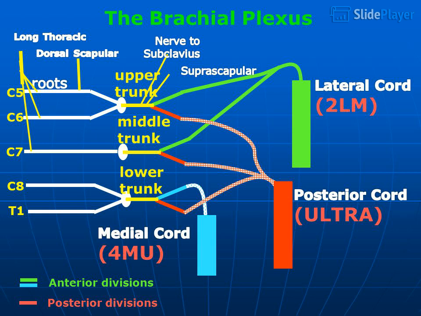C5. C6. Middle trunk. Posterior cord. Ultra. C7. Lower trunk. C8. Medial cord. Form U. T1. Anterior divisions. Posterior divisions.